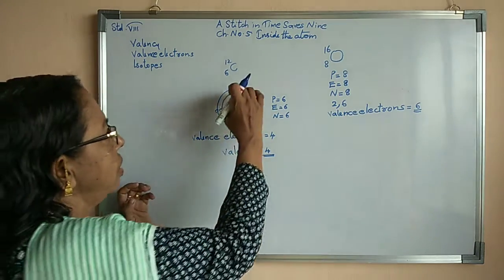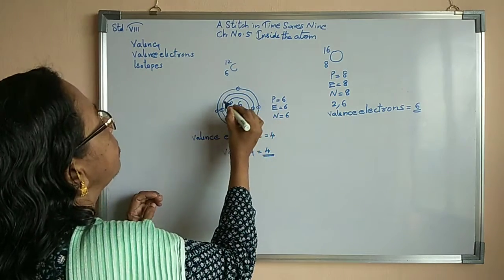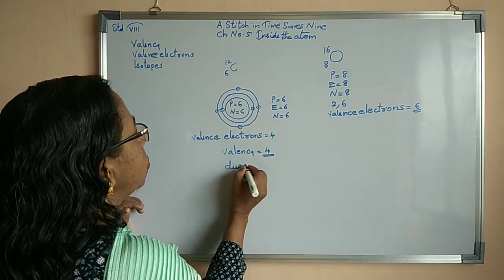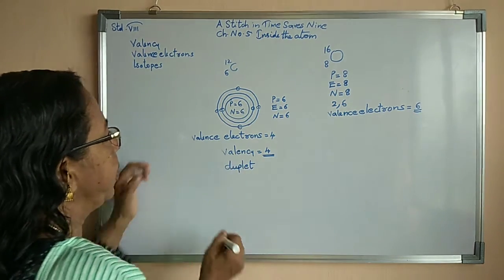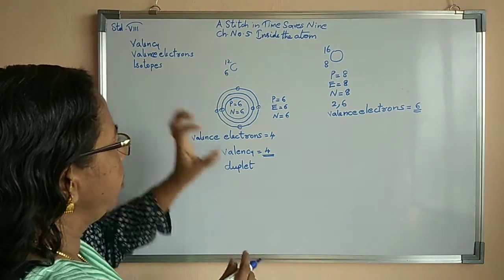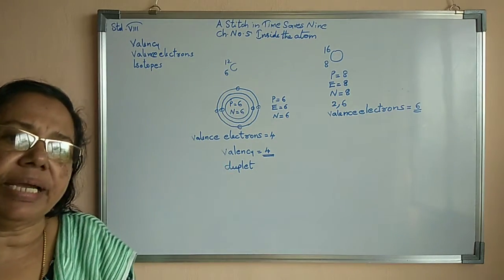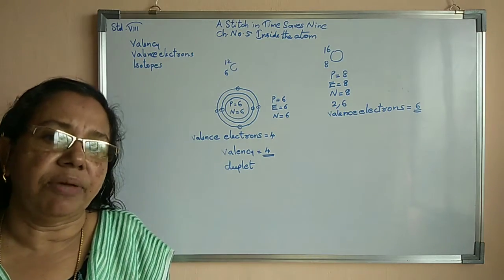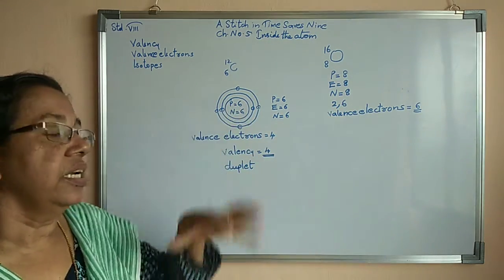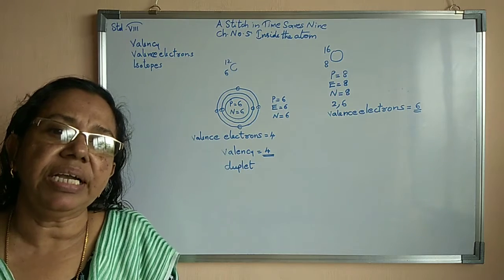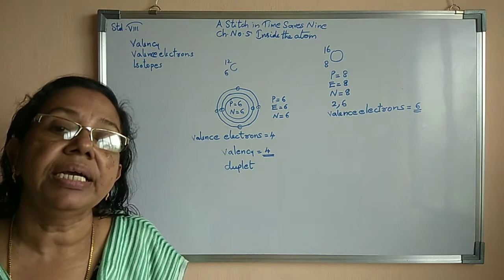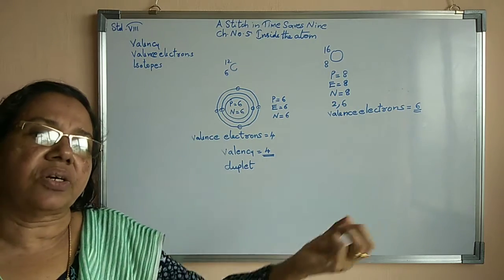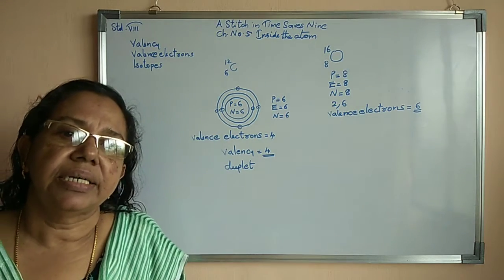If it is losing 4 electrons, then it will have the duplet condition. Duplet means the 2 electrons condition. We can say that only the first orbit will be there. That atom has the duplet condition. Now where more than one orbit is there, those atoms have the octet condition if they are gaining electrons from other atoms.